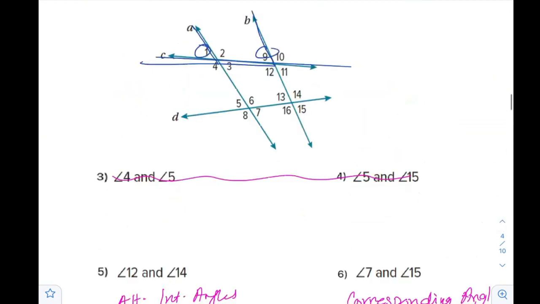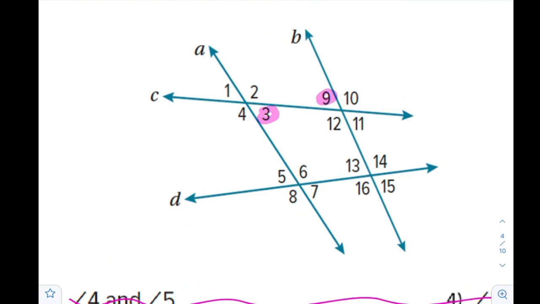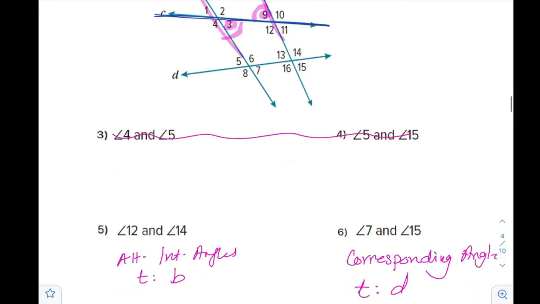Angles 3 and 9 now. Let's check 3 and 9. This is angle 3 and this is angle 9. This is the transversal, both lying on this line. And this transversal is cutting these lines. As you see, one up, one down. Different sides, both interior and on different sides of the transversal.